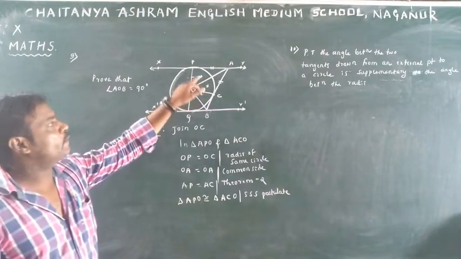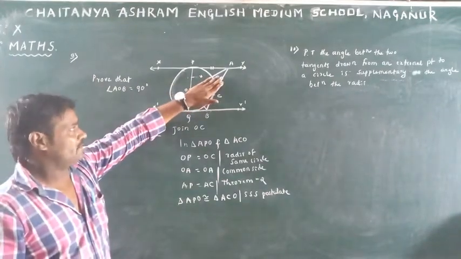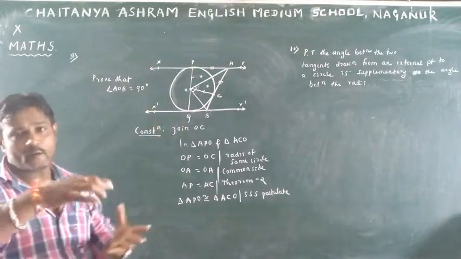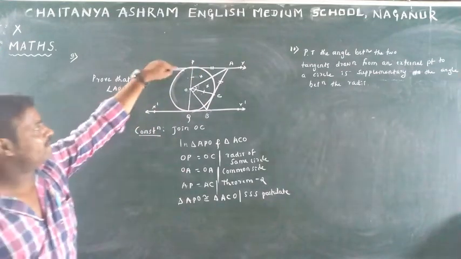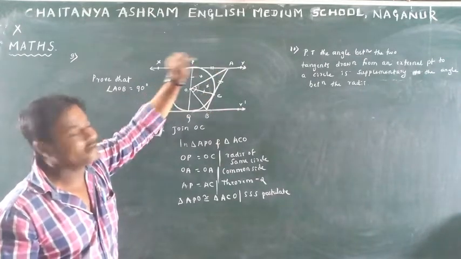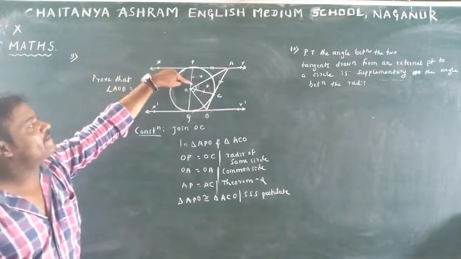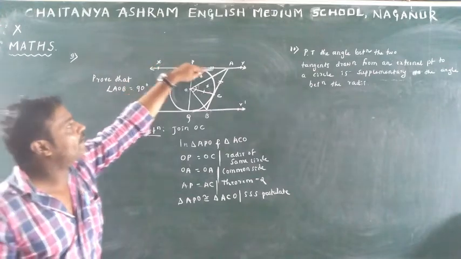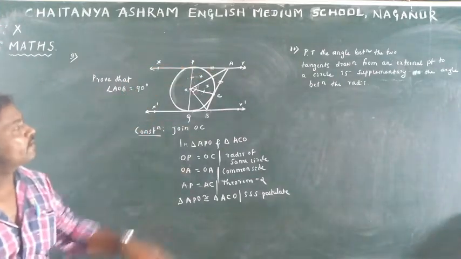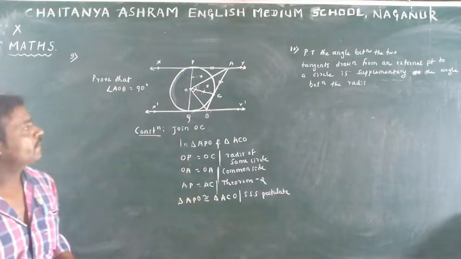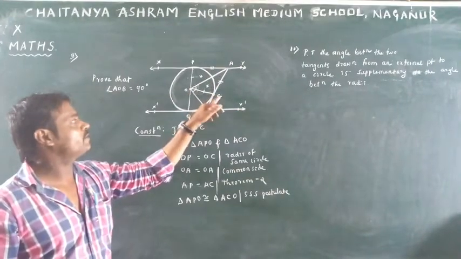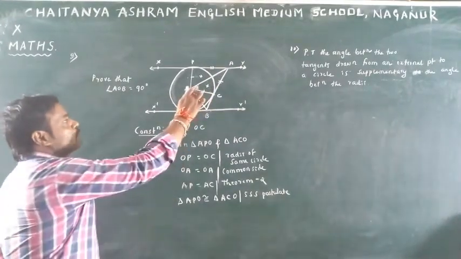So these two are congruent. Just flip this triangle over this triangle, they exactly coincide. Then this angle is equal to this angle. Just tell me, this angle is equal to angle AOP, and this angle corresponds to angle AOC. Clear?